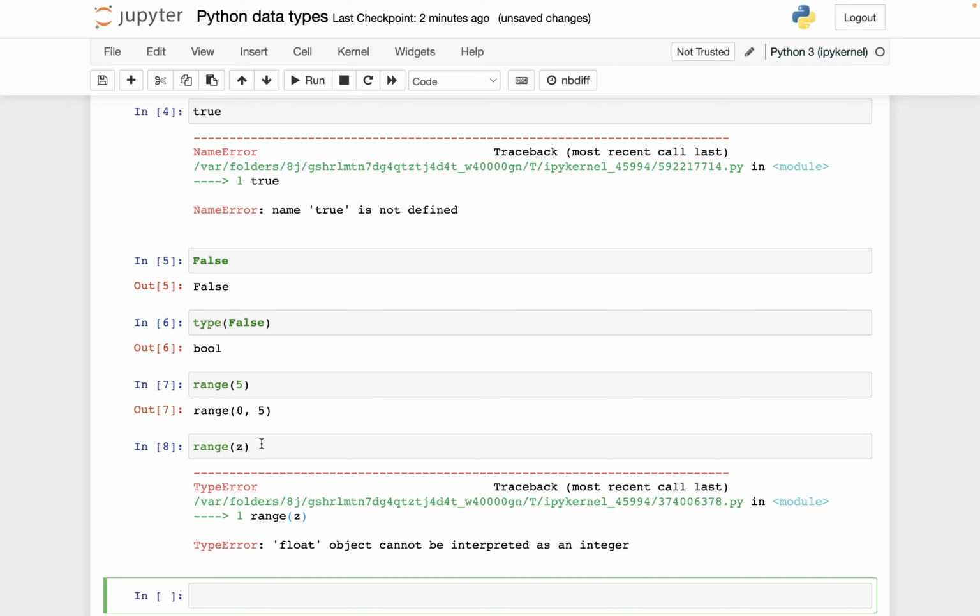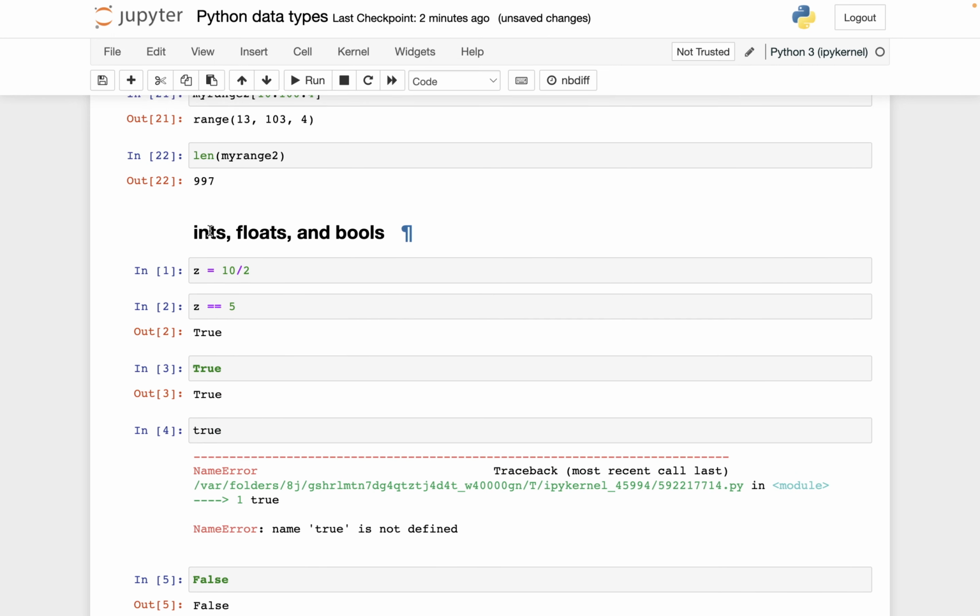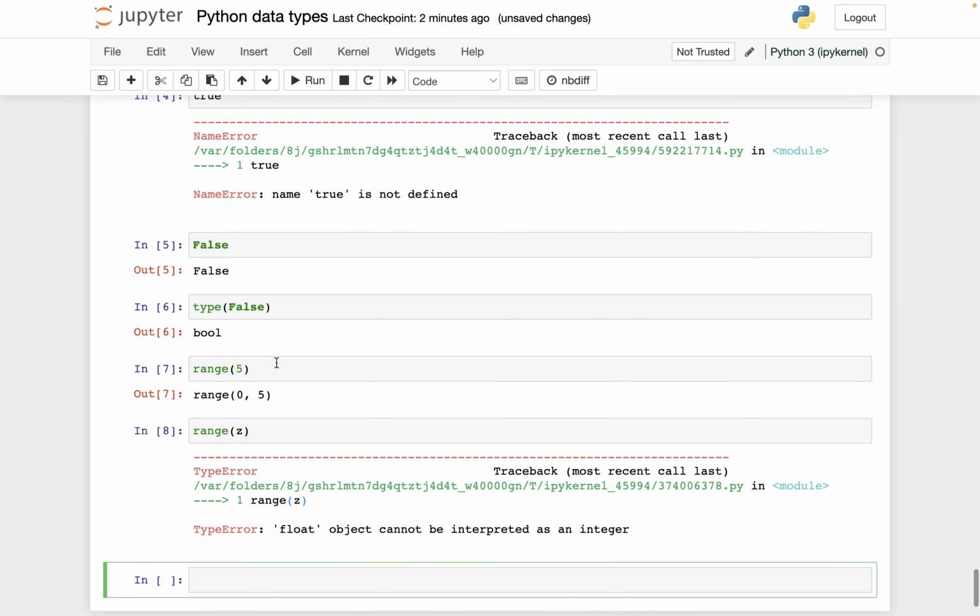And that is related to this difference between ints for integers and floats, which I think of as decimal numbers, something where it's not an exact integer necessarily. And the type error that we get here is telling us float object cannot be interpreted as an integer. So the only arguments we're allowed to put in to range, at least for these first three positions, are integers.